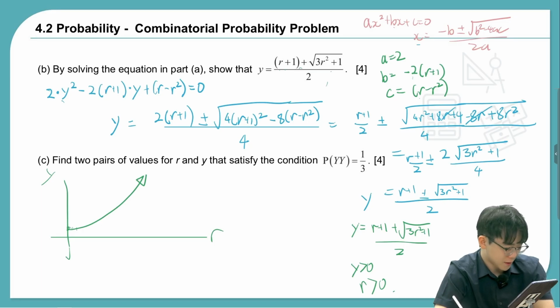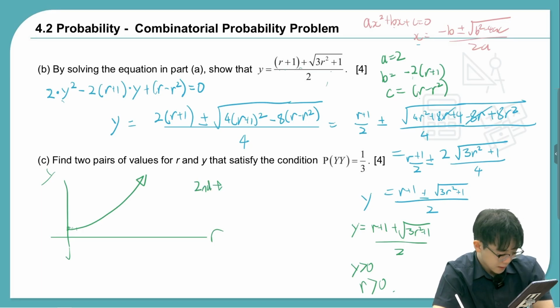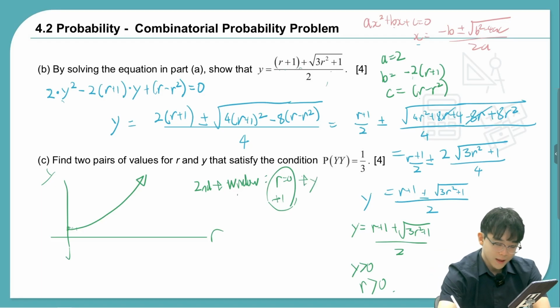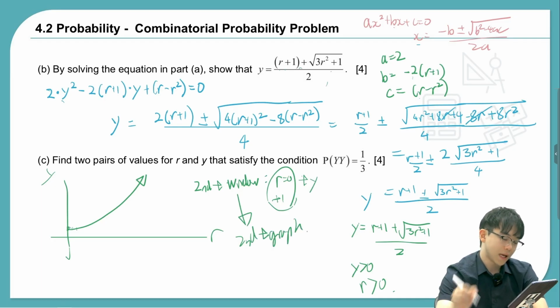So the calculator function you need to use is second table set. If you click second window, that allows you to start from r equals 0, and we can keep on doing +1, and then that would show you the corresponding y values. Then you go to second graph, which would show you the table values.